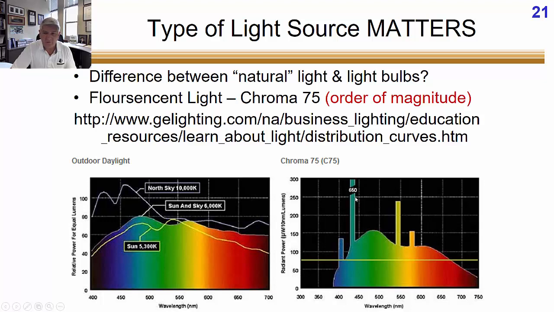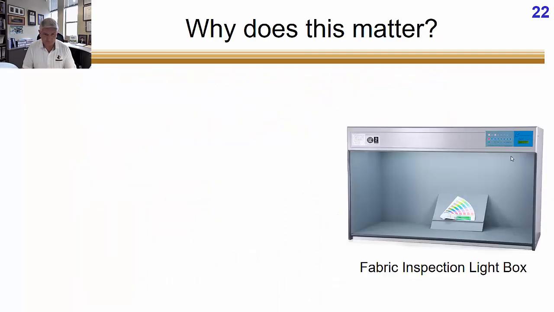You can see the orders of magnitude. Here we're looking at about 150 across here, 125 across here for most of the other wavelengths. And then this spikes up to 650, right? So that's why fluorescent lights appear to have sort of that artificial bluish, bright, stark white appearance.